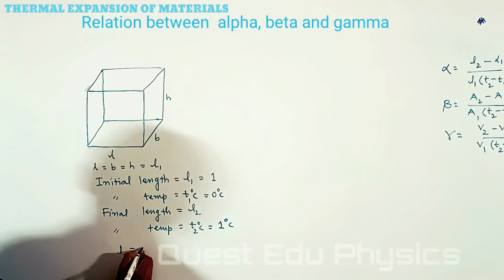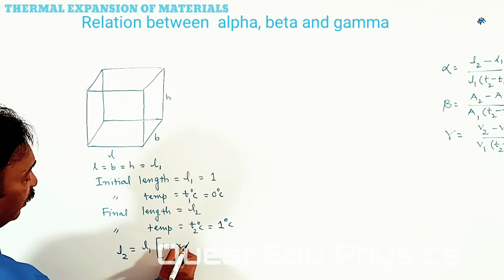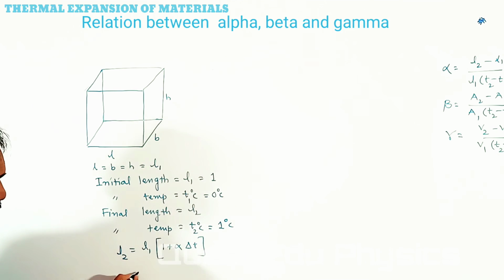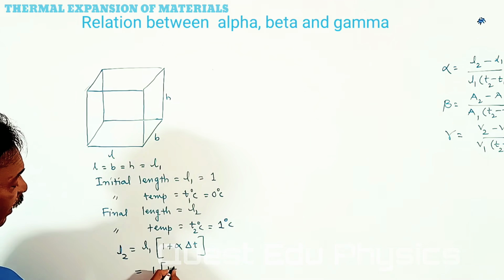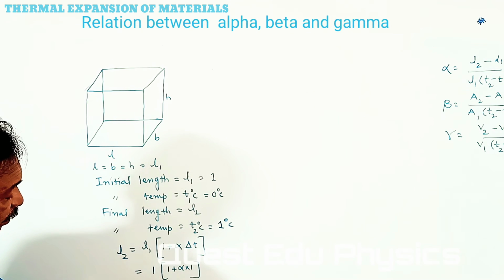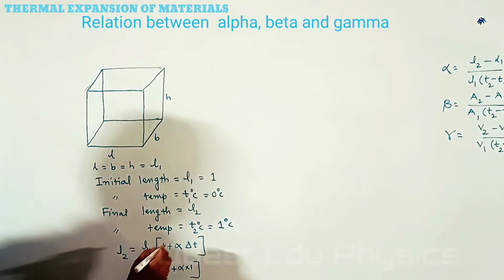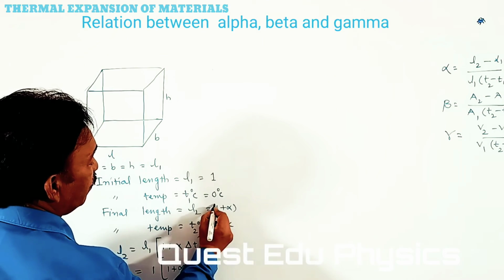L2 is equal to L1 of 1 plus alpha into delta T. To get the L2 value, I am using this equation. L2 is equal to 1 into 1 plus alpha into 1. What we had, it is 1 plus alpha. Final length is equal to 1 plus alpha, students.